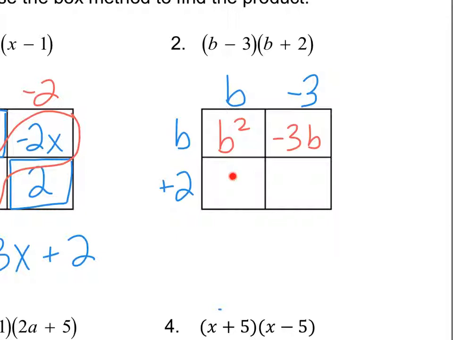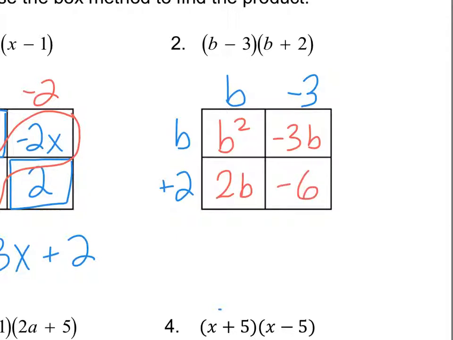Then I want to do this box, so it's going to be b times 2, which is 2b. And then my last box over here is going to be positive 2 times negative 3. So that's going to be negative 6.